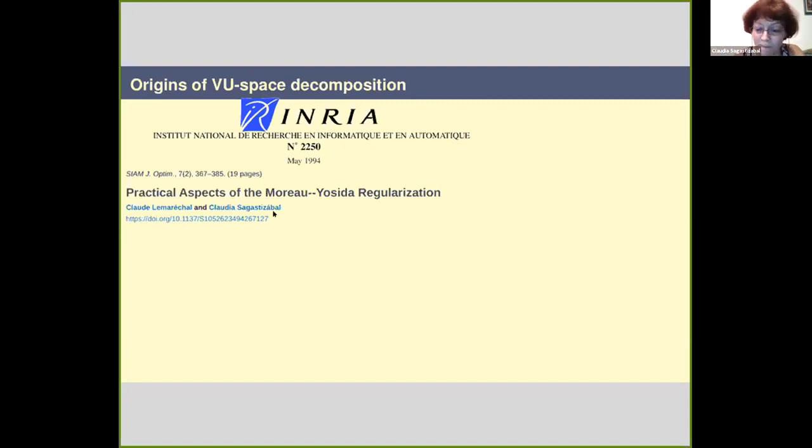So in this work, we tried to answer the following question. The Moreau-Yoshida regularization, or the Moreau envelope, is a regularization that, for a function that is lower semi-continuous and convex, gives you a mapping that is of class C^{1,1}.